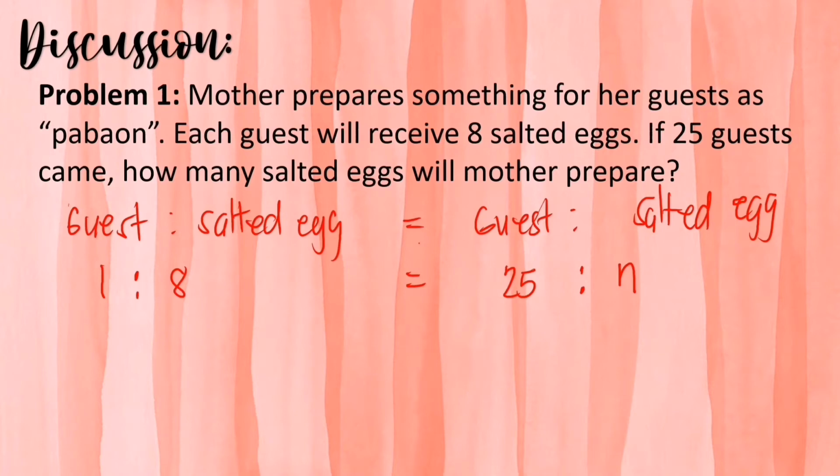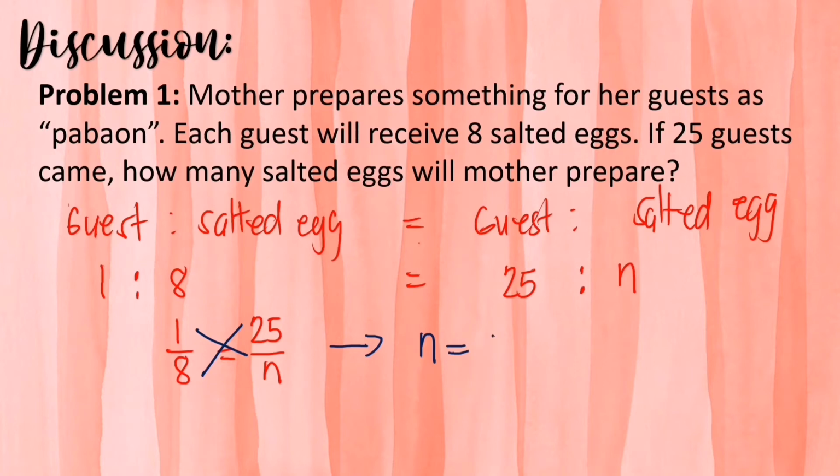So pwedeng nakasulat siya as ratio form or pwede rin isulat as fraction form, which is 1 is to 8 is also equal to 25 is to n. So dito, we have to cross-multiply para makuha or ma-solve. So cross-multiply, 1 times n. 1 times n is equal to n.